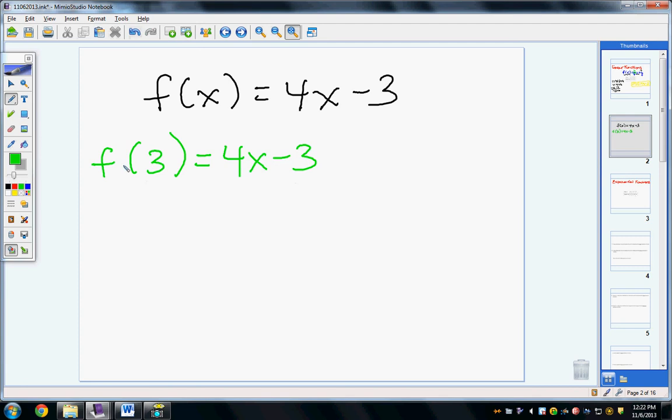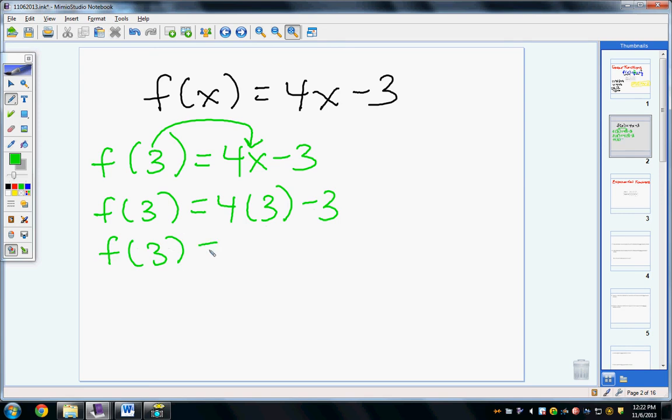The reason people use function notation, one of the reasons, is I know that this is a function of 3. That's what I'm figuring out. And so that means I'm going to replace x with 3 right here in the equation. Okay, so f of 3 is equal to 4 times 3 minus 3. So f of 3 is equal to 4 times 3 is 12. And 12 minus 3 is 9, so that means f of 3 is 9.